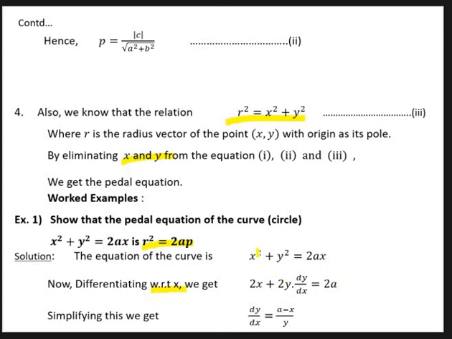That is, derivative of x square is 2x, plus derivative of y square with respect to x is 2y into dy by dx, and derivative of 2ax is 2a. Now solve this equation for dy by dx. We get dy by dx is equal to a minus x by y.